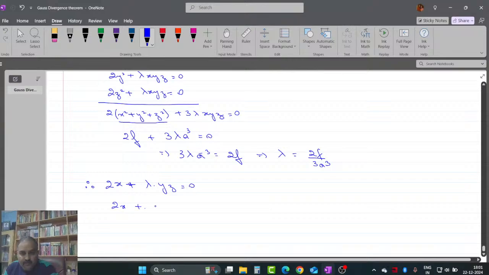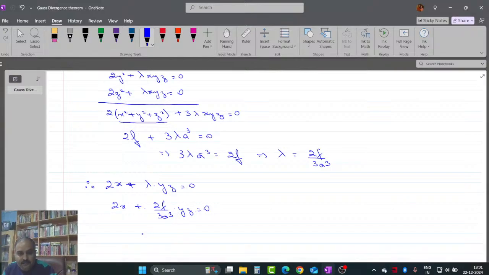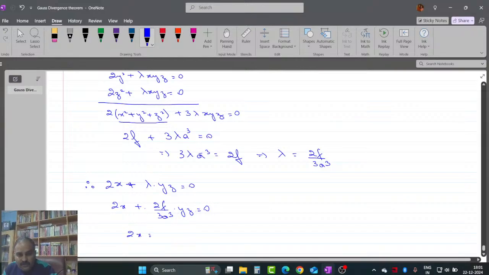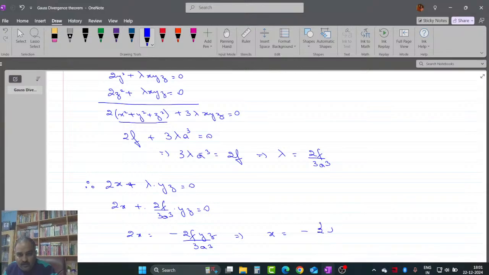So 2x plus 2F over 3a cube into yz equal to 0. So from here, 2x is equal to minus 2F yz over 3a cube, or we can say x is equal to minus, 2 cancels, F times yz over 3a cube.